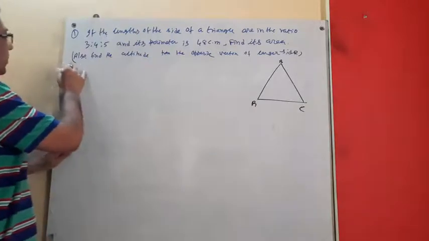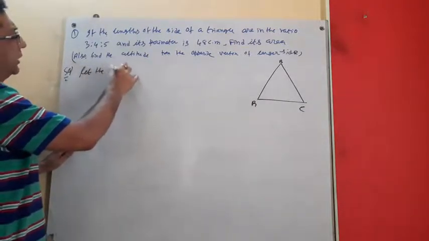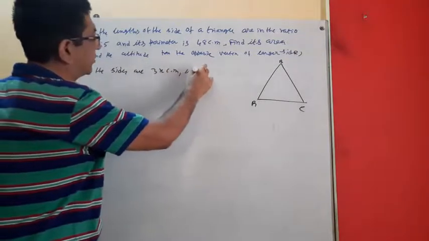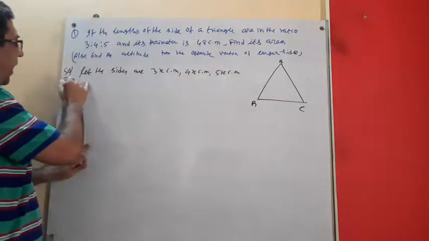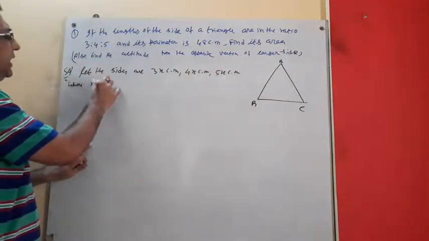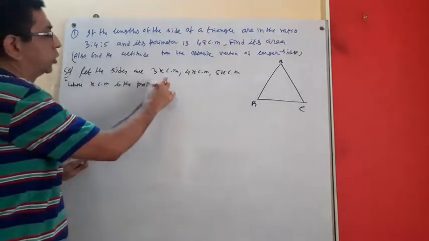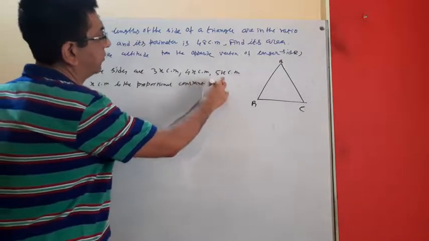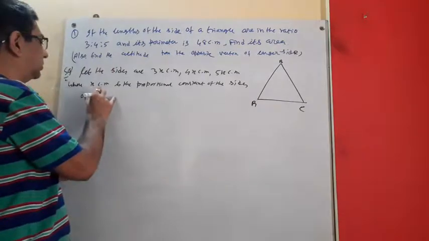The solution. Let the sides be 3x centimeter, 4x centimeter and 5x centimeter, where x centimeter is the proportional constant of the sides of the triangle, right?